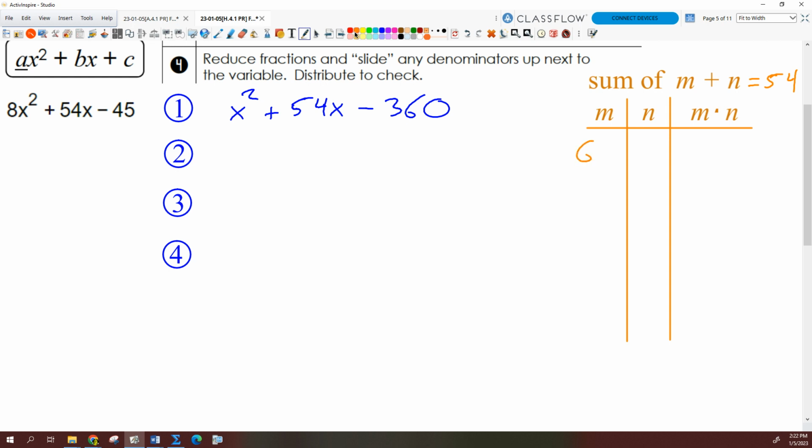Right? 60 and negative 6 are going to add to 54 and multiply to negative 360. So those are pretty good numbers that time, right? What if we started at a place on the table when the product was too big? What would I have to do? Got to go back up and pick smaller numbers, right? Okay. So we got our numbers.